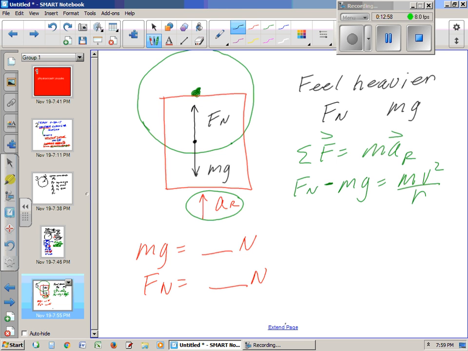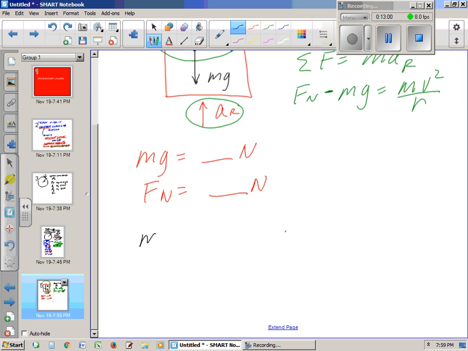So let's just jump down here and say that mg would be equal to, let's say the guy is 70 kilograms. That would be roughly 155 pounds. And g would be 9.8 meters per second squared. Let's run a calculation on that. And what we find is that the guy weighs 686 newtons.